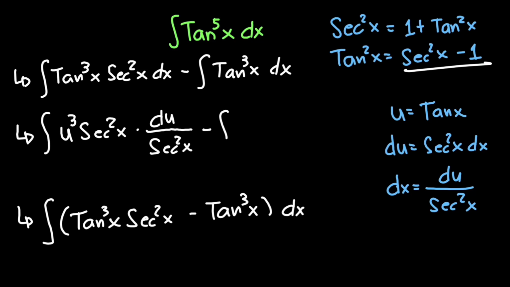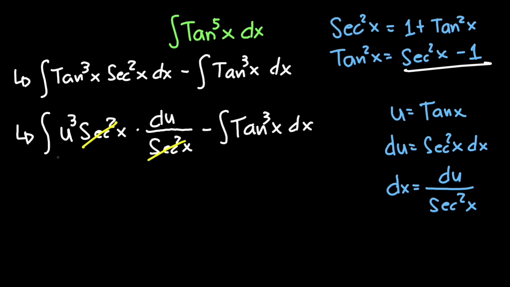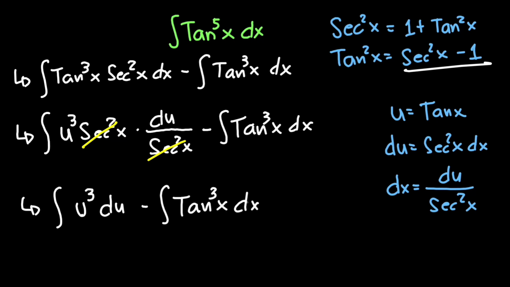And copy this. So this would be minus the integral of tangent cubed of x dx. So the secant squared of x would cancel each other here. And so you are left with the integral of u to the power of 3 du minus the integral of tangent cubed of x dx.